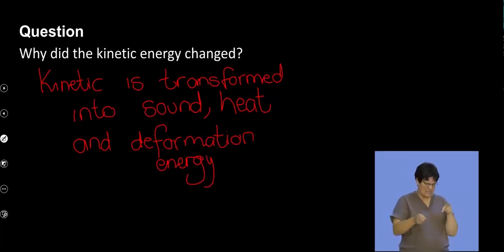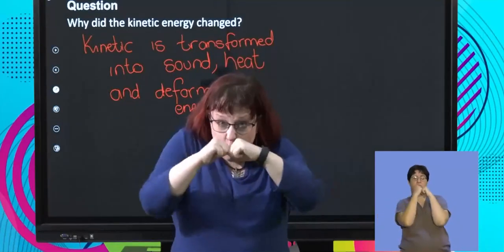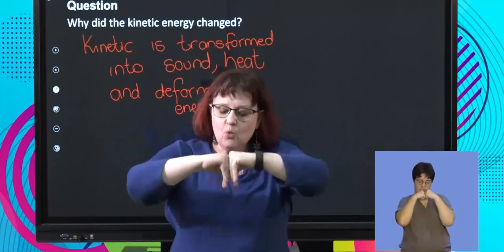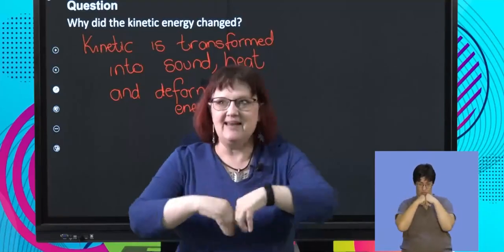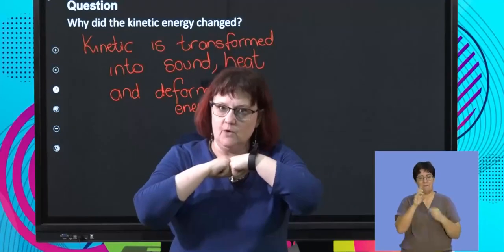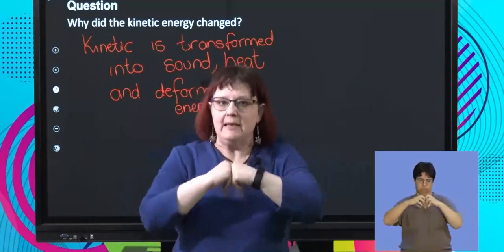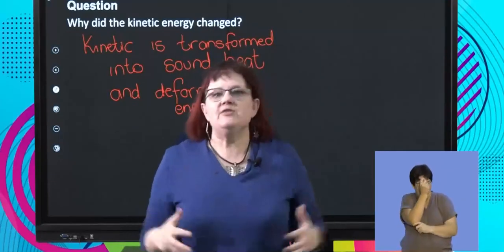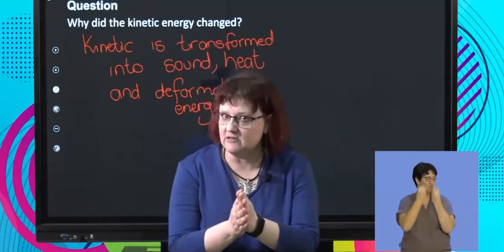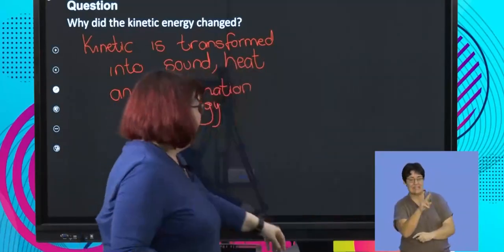When they collide with each other, they will deform a little bit, okay? They squash. That squashing takes energy, takes effort. So that's the deformation energy, okay? Even hard objects deform a little bit, okay? Everything does it, especially if they hit hard enough. You just can't see it with the naked eye.